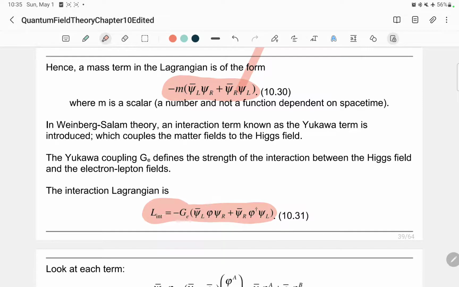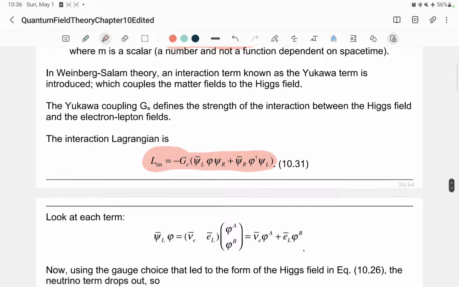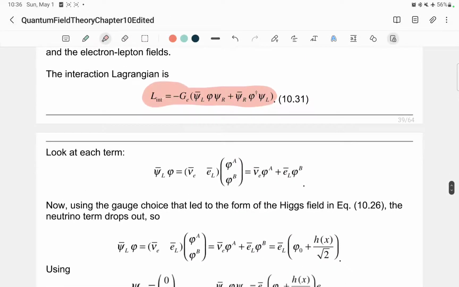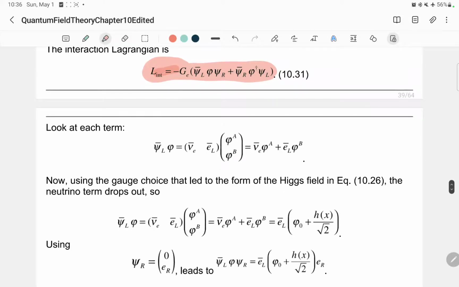And this interaction term couples the matter fields to the Higgs field. The Yukawa coupling GE defines the strength of the interaction between the Higgs field and the electron-lepton fields. So we have here the interaction term, and we look at each term here.